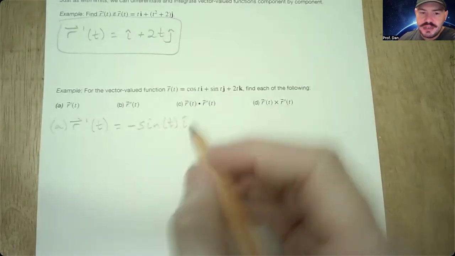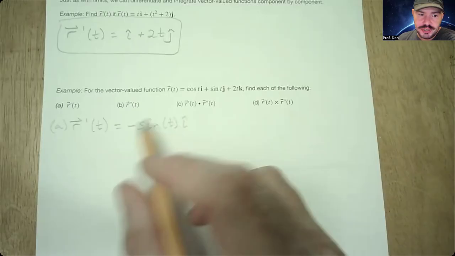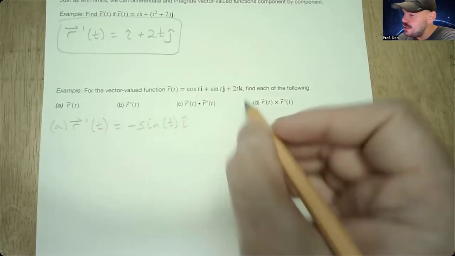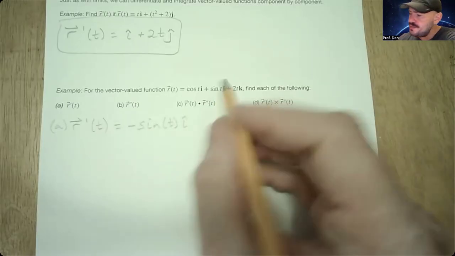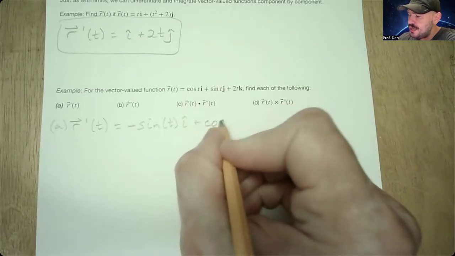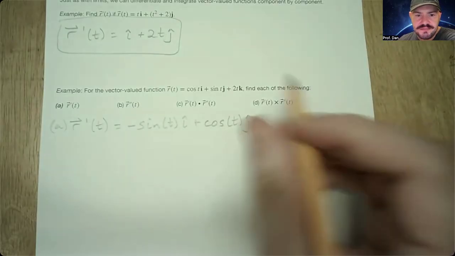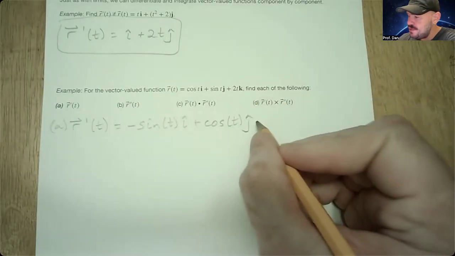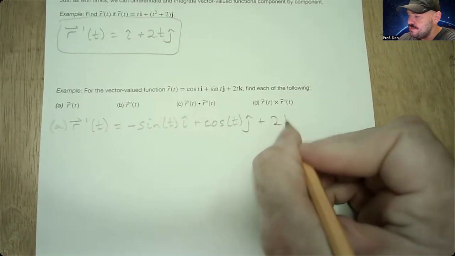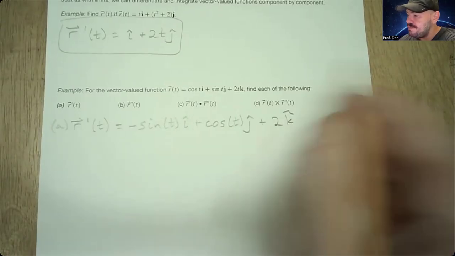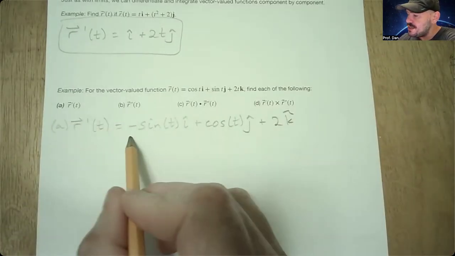So that's the i, or the x component of the derivative. If I take the derivative of sine of t, I get cosine of t. So cosine of tj. And then derivative of 2t, I get 2k. And that's my answer.